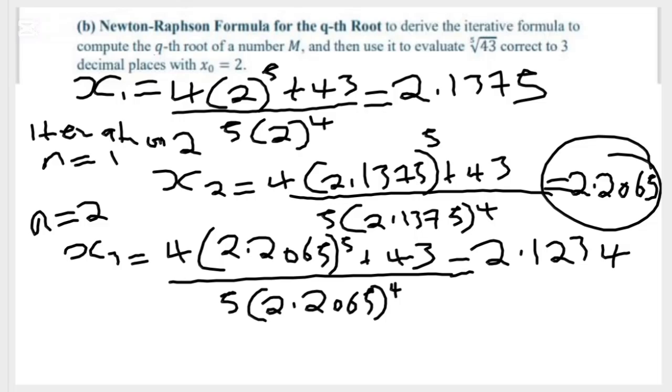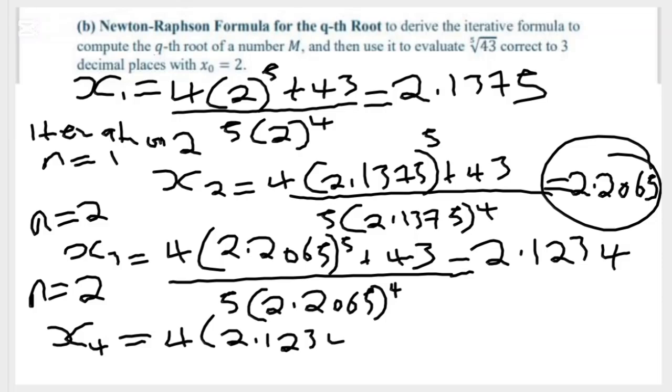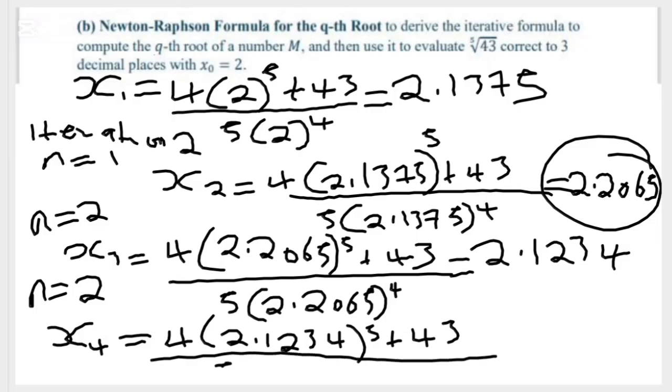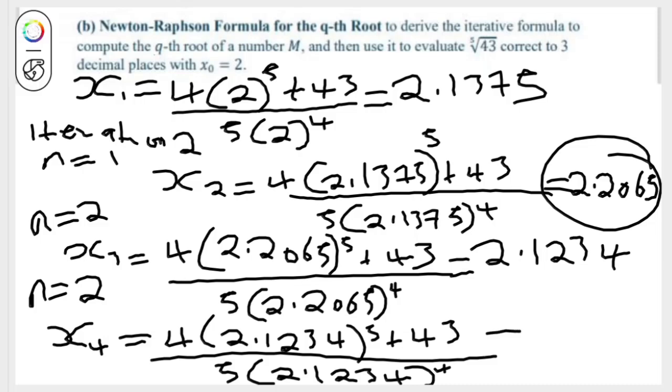In the fourth iteration, when n is equal to 3, it will now become x4. So x4 will now be 4 multiplied by 2.1234 to the power of 5, plus 43 divided by 5 multiplied by 2.1234 to the power of 4.